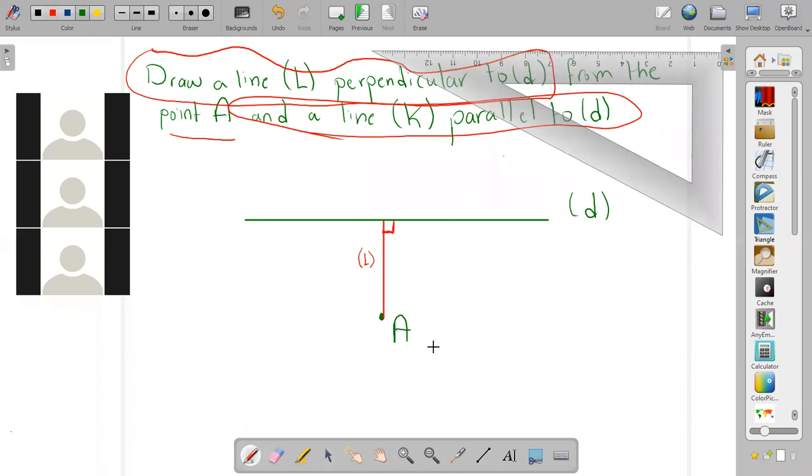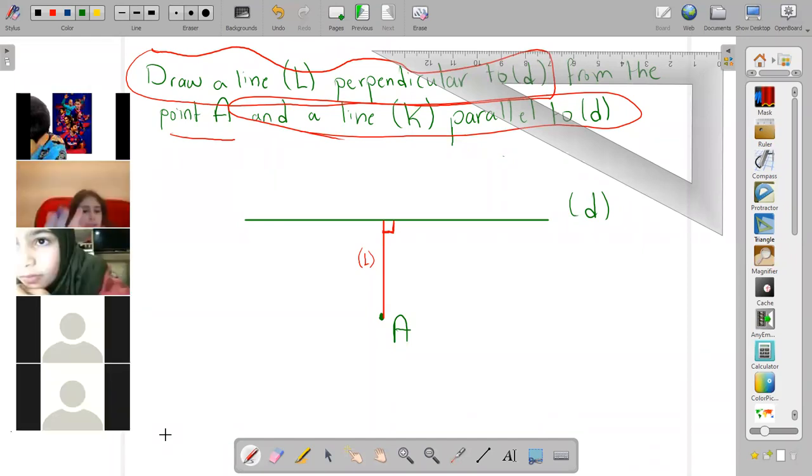Leon? Teacher, I put a straight line above D.